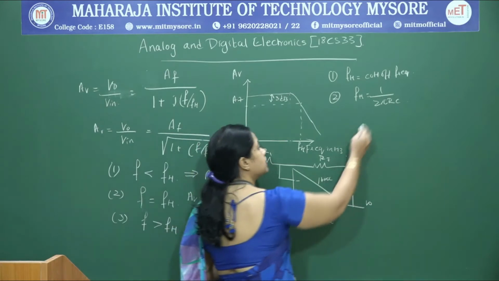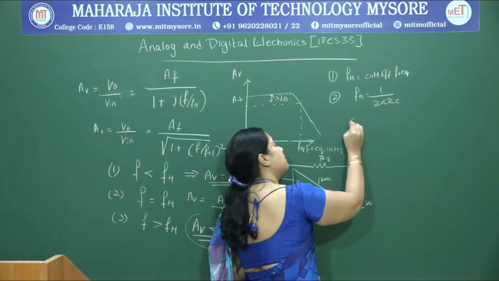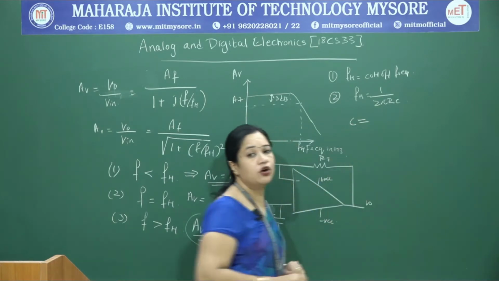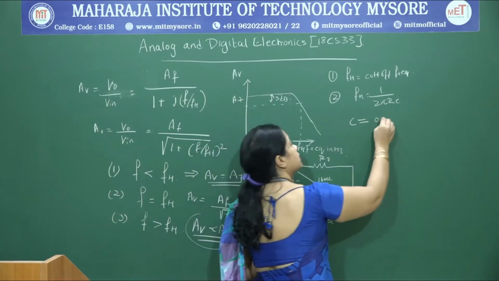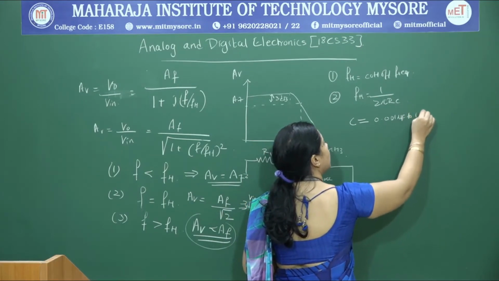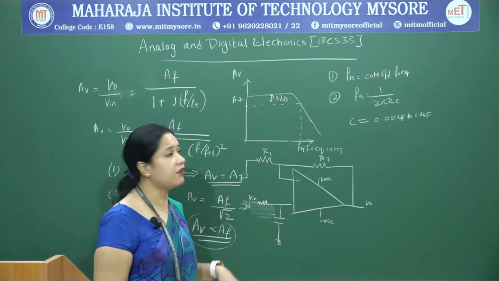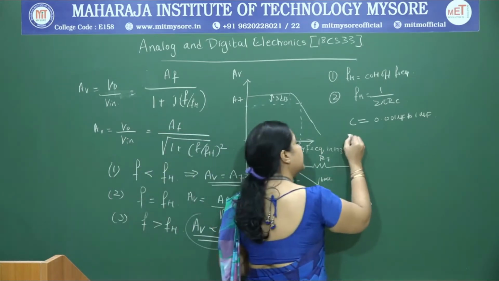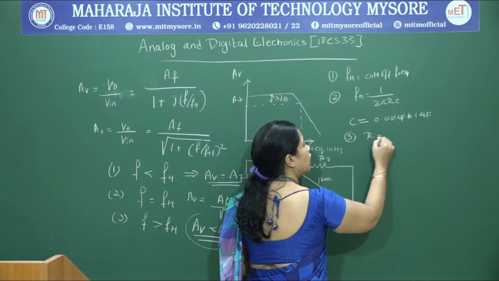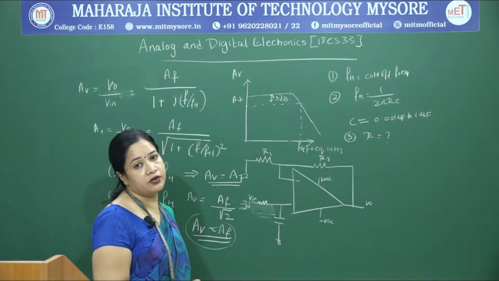Because I need to determine R and C, I choose some suitable value of C between 0.01 microfarad and 1 microfarad depending on availability. You can choose any value which is less than 1 microfarad, and calculate the corresponding value of R for the required cutoff frequency.